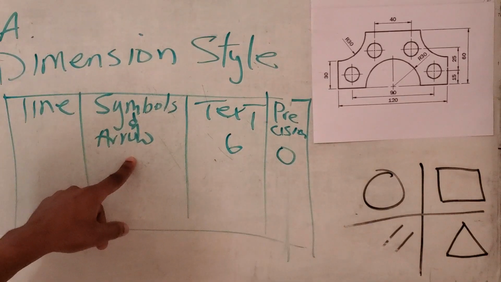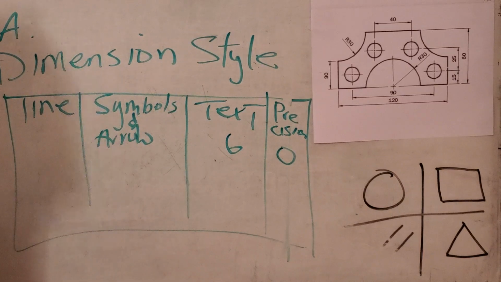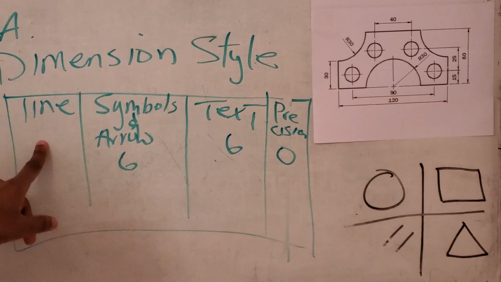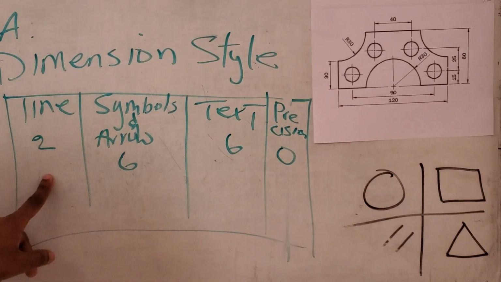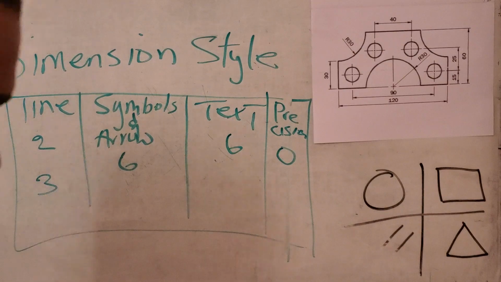Symbols and arrows, we use an arrowhead size of about 5 or 6. On the line, we change extend beyond dimension line. Let this be 2. Offset from origin, let that be 3. And that should be good.